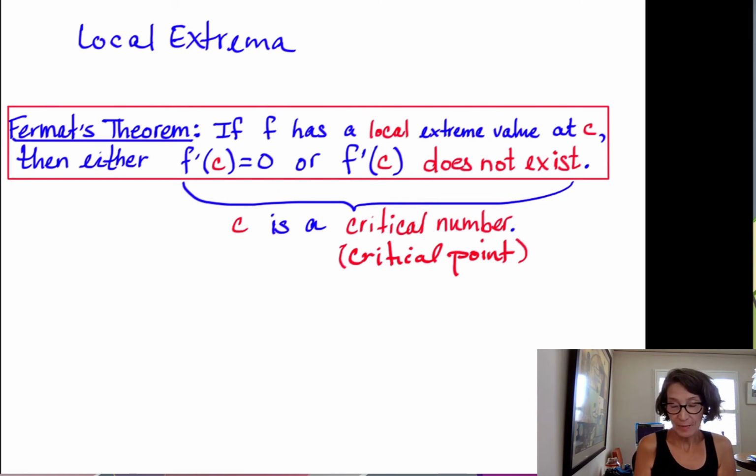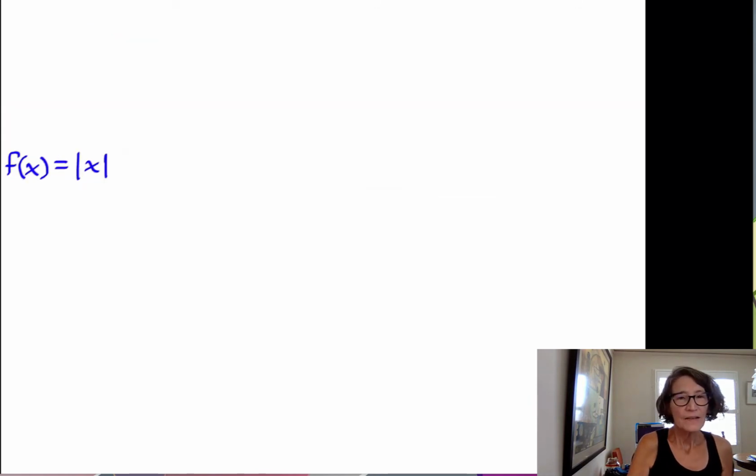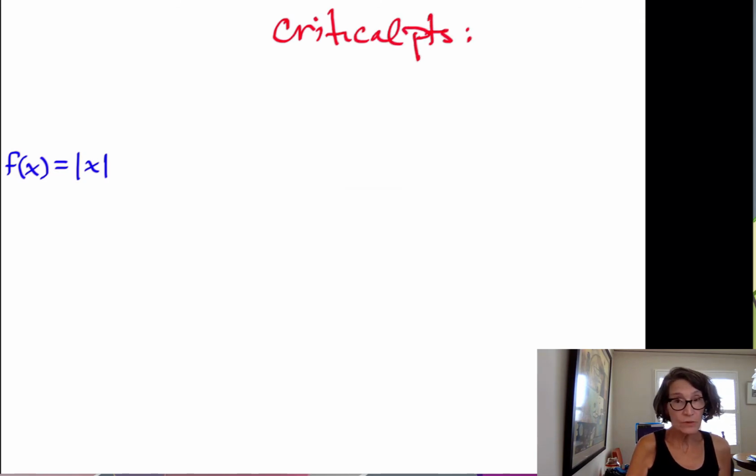Let's look at some examples. Let's look at f of x equals the absolute value of x. Let's pretend we don't know what the graph looks like and we're looking for local extreme values or turning around points. So the first thing we're going to do is find the critical points, and then we'll test them to see if they turn out to give us extreme values.